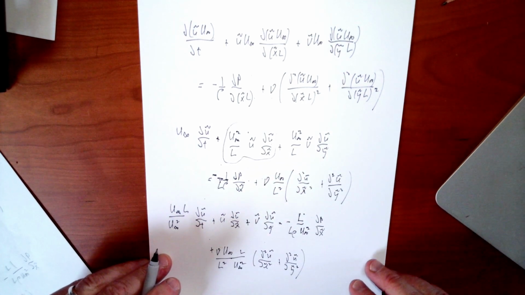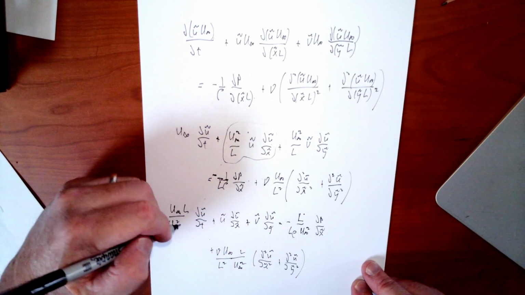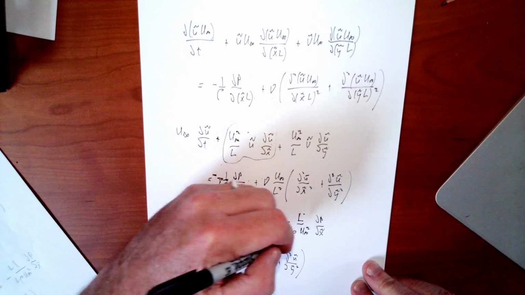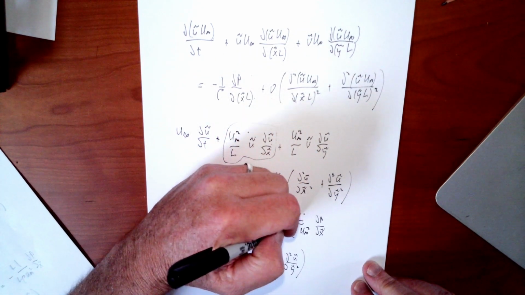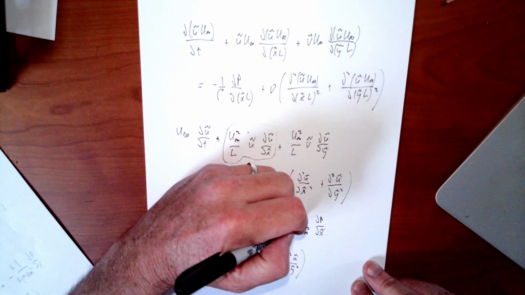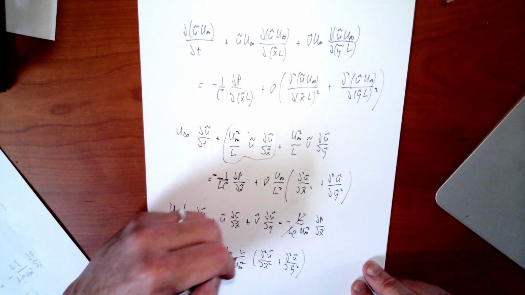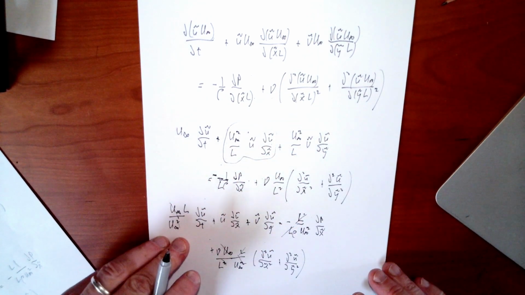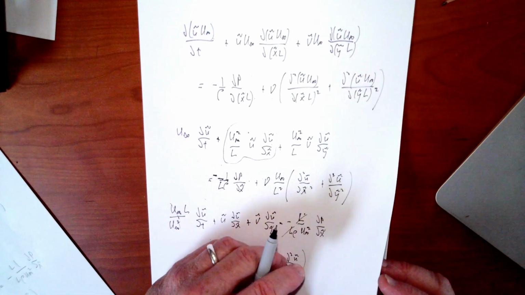All right, so that's that. And obviously some things cancel. So I've got this going to cancel that, u infinity. I've got L's canceling here. And I've got L's canceling here and u infinity canceling there. So it's going to clean up a bit. See what that looks like.